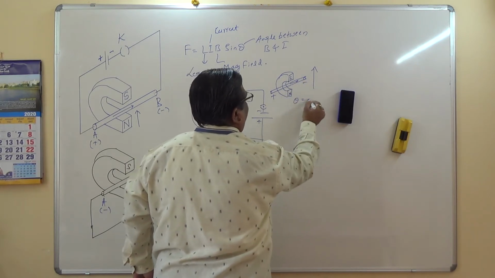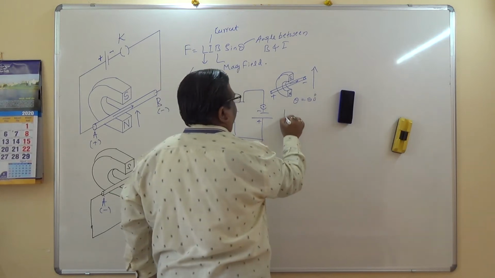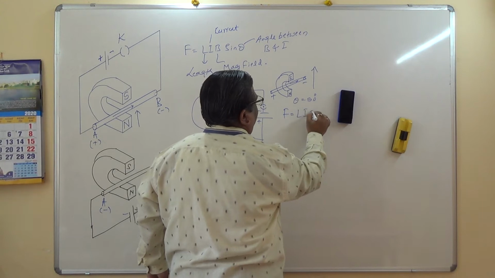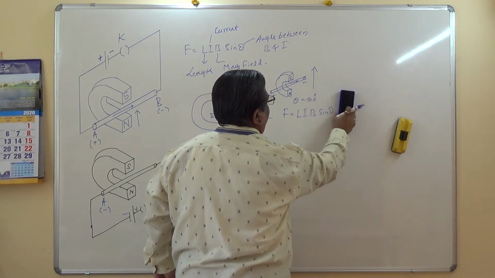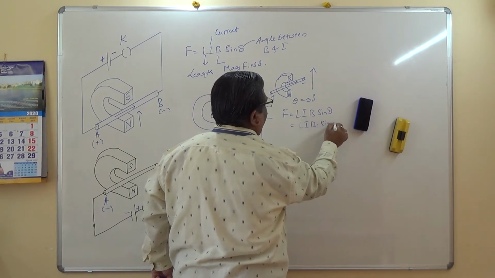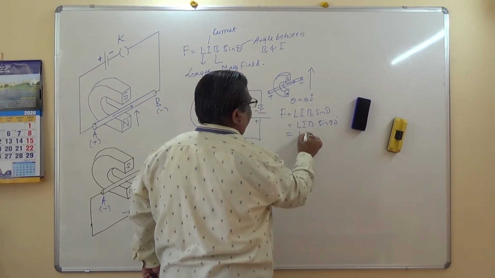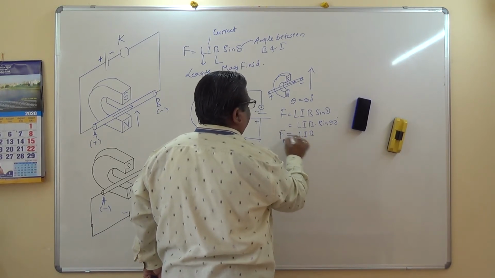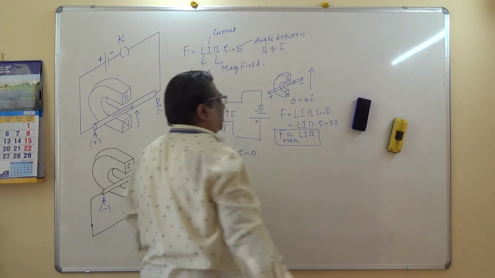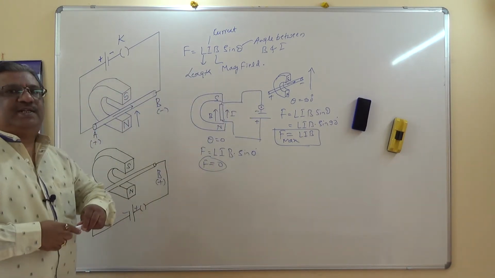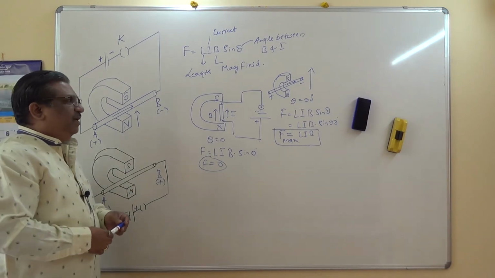So theta equals 90 degrees and the force experienced by the current carrying conductor is LIB sine theta, which is LIB into sine of 90 degrees, which is LIB. So the maximum force experienced is the length of the conductor into the magnitude of the current into the magnetic field strength, which is measured in Tesla or Webers per square meter.